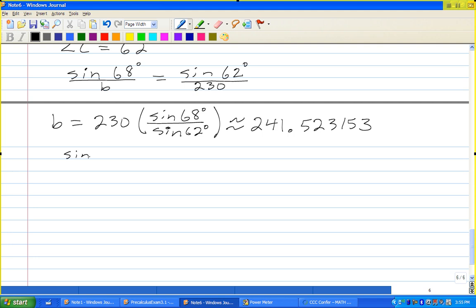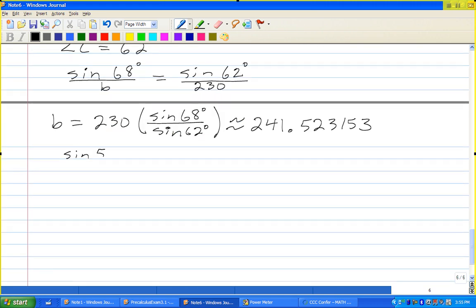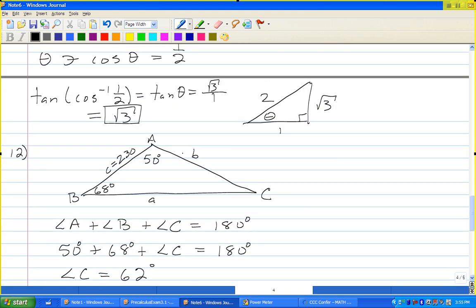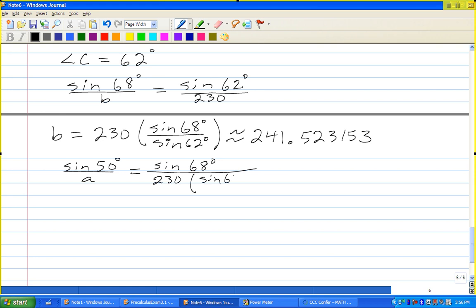So the sine of A, 50, over A is equal to the sine of B, which is 68 degrees, over the length of B, which is 230.